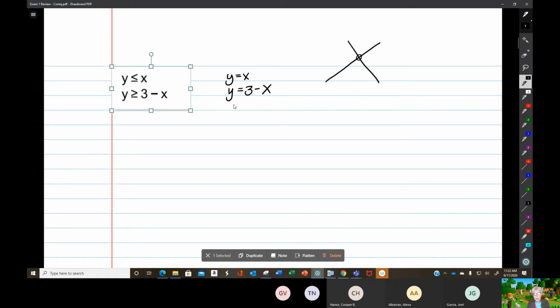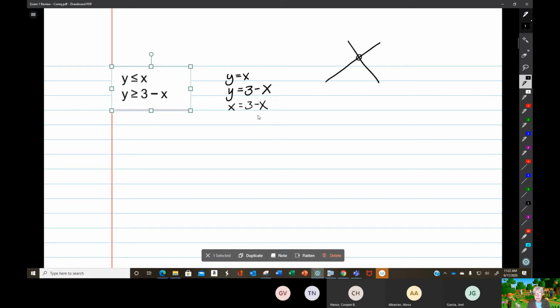So what we're going to do is, this is all set up for substitution. So y equals x and y equals 3 minus x. Well, y and y are the same letter. So if y equals this and y equals this, then they have to equal each other. So I'm going to say x equals 3 minus x.